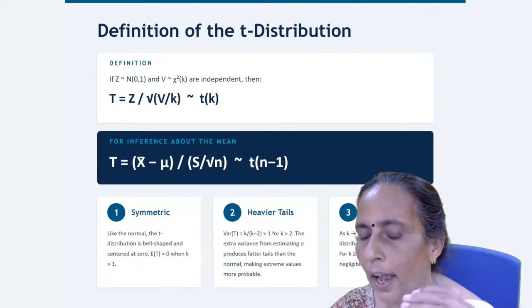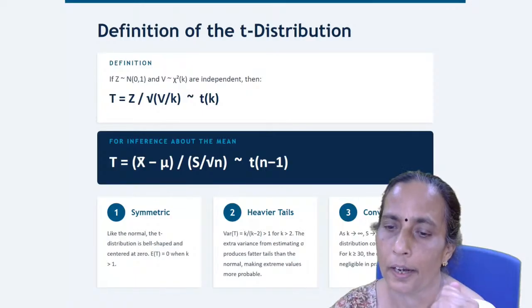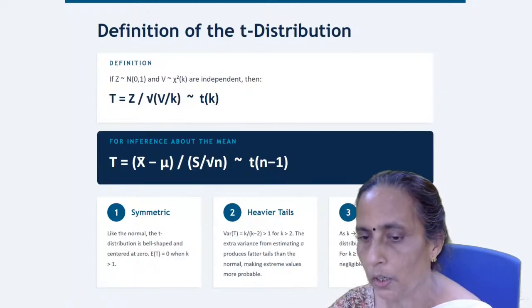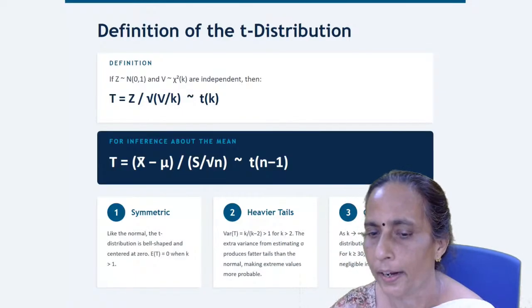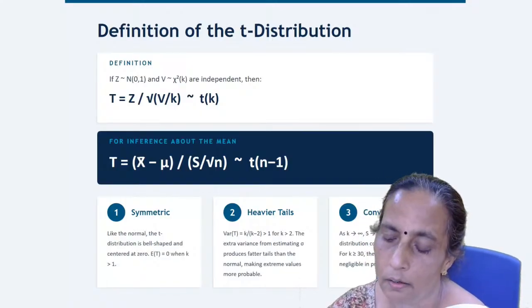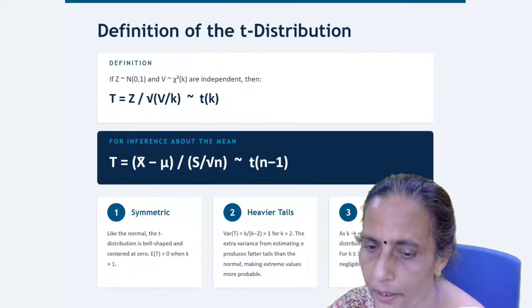It converges as k tends to infinity: your sample standard deviation tends to the population standard deviation, and the t distribution converges to the standard normal distribution with mean 0 and variance 1.